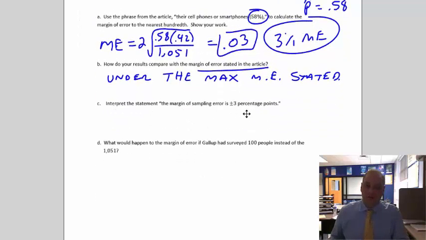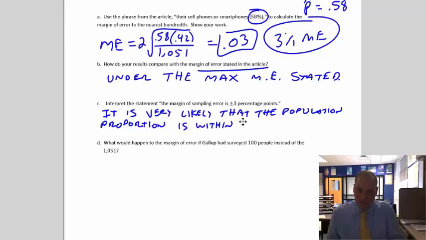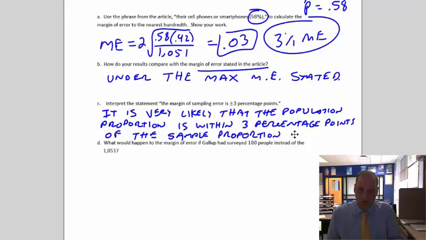Interpret the statement: the margin of sampling error is plus or minus 3 percentage points. It is very likely that the population proportion is within 3 percentage points of the sample proportion p hat, which was 0.58.